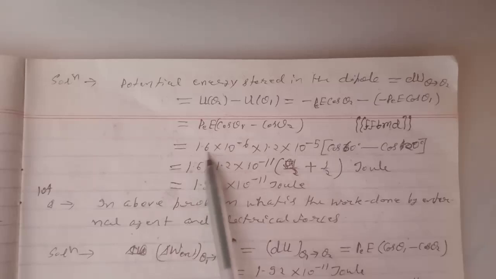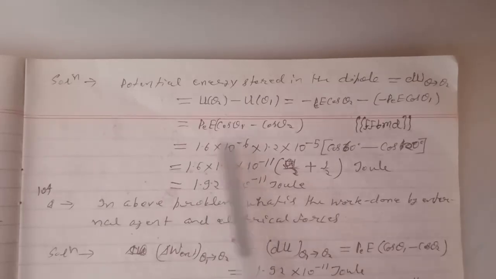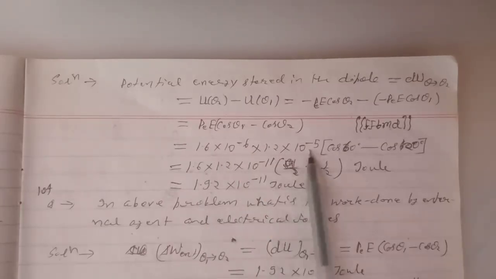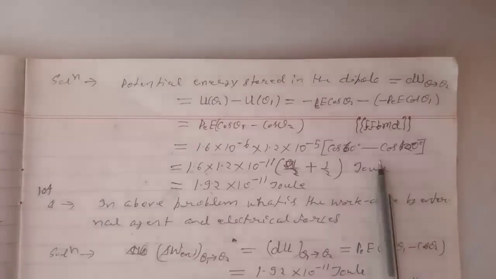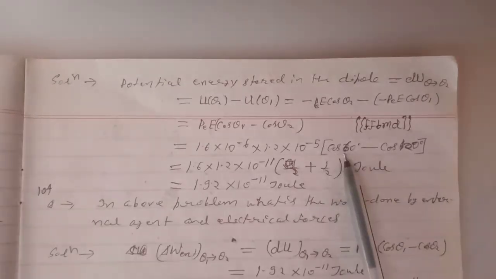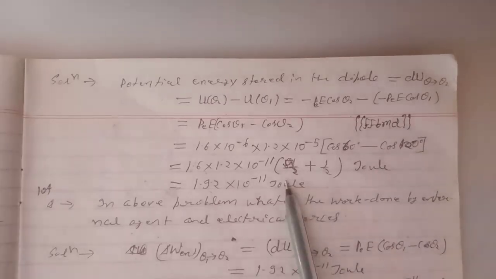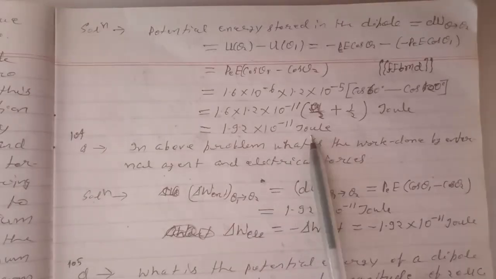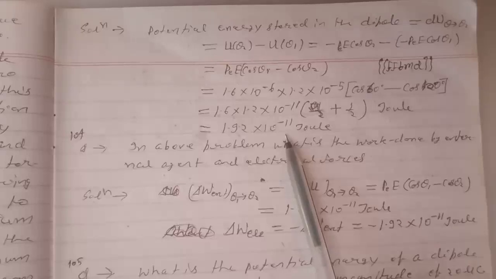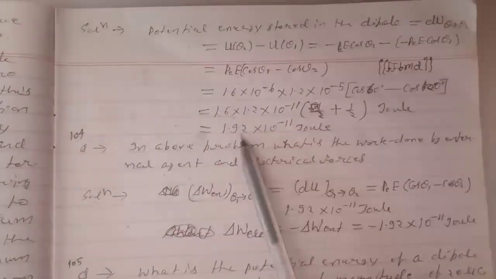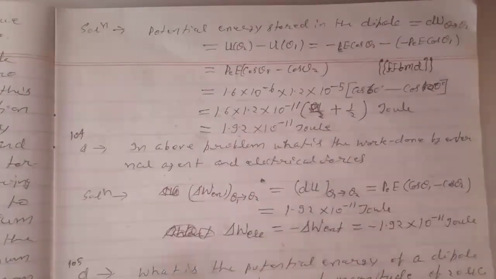Now p is given as 1.6 × 10^-6, E is 1.2 × 10^5, θ1 is 60 and θ2 is 120. So cos 60 minus cos 120, and solving we get 1.92 × 10^-11 joule. So the potential energy stored in the dipole is this value.